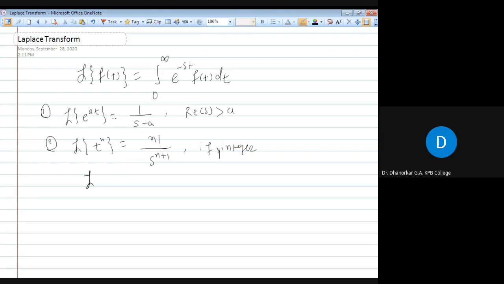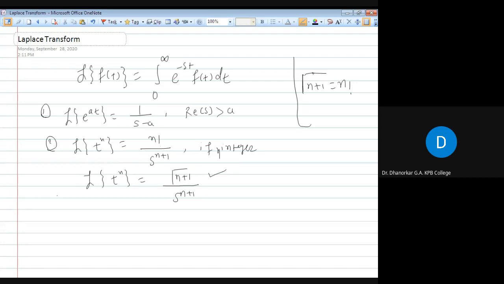Sometimes n may be 1 by 2, 1 by 3, and in that way, then it is not n factorial; it is gamma of n plus 1, because we know that gamma of n plus 1 is equal to n factorial. By using this formula, I can write the formula for the Laplace transform of t raised to power n.